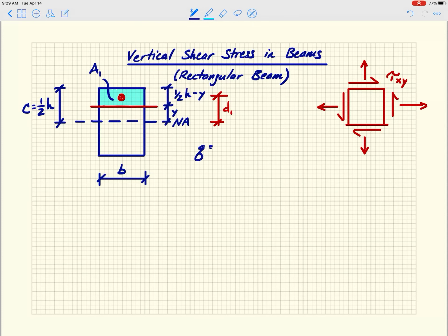So this is our little q equals big V, big Q over I. Let me pull out this Q. It should be pretty straightforward. This is the first moment of the area. So this is 1/2 h minus y, that's the height of the light blue area, and b is the width.